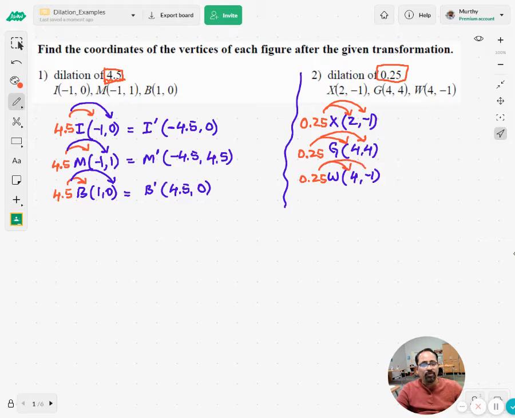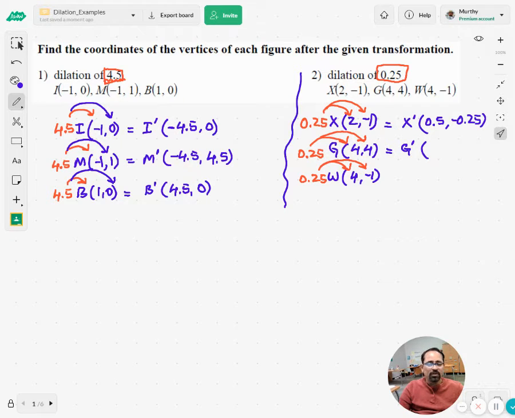Okay, now when I multiply 0.25 times 2, feel free to use your calculator, that gives me 0.5. Then 0.25 times negative 1 is negative 0.25. As I told you before, use a calculator.